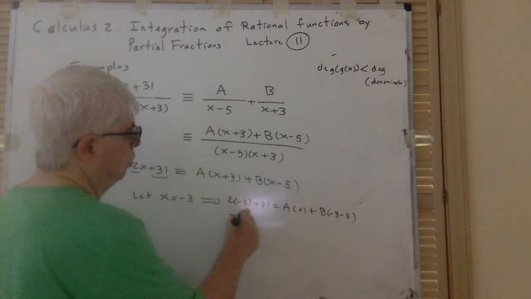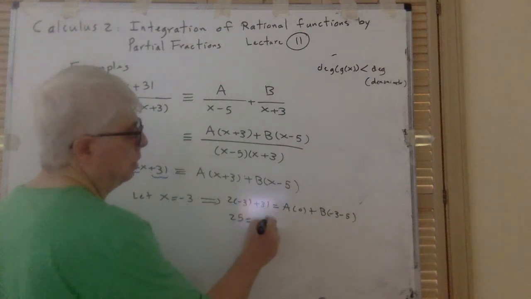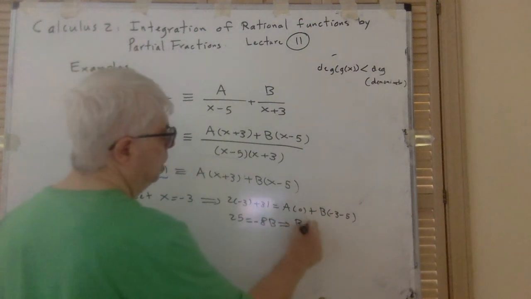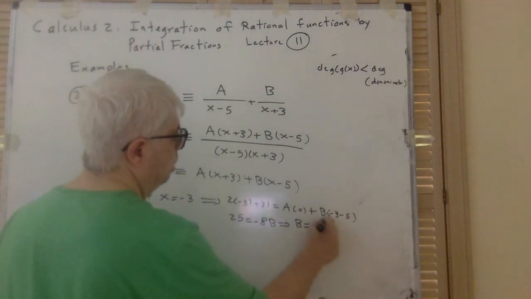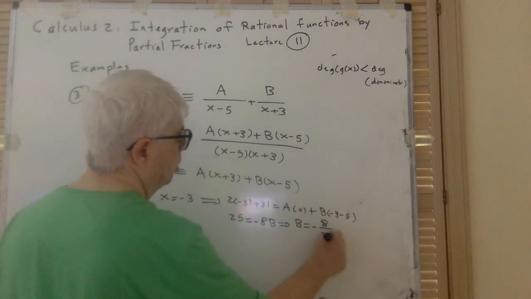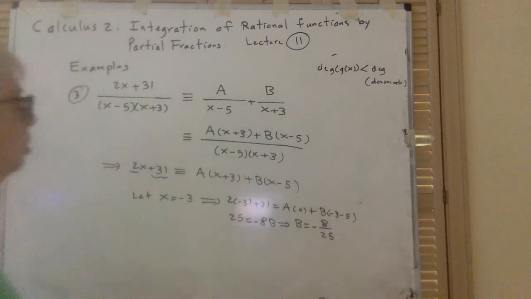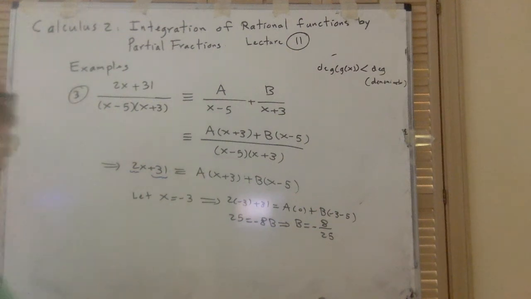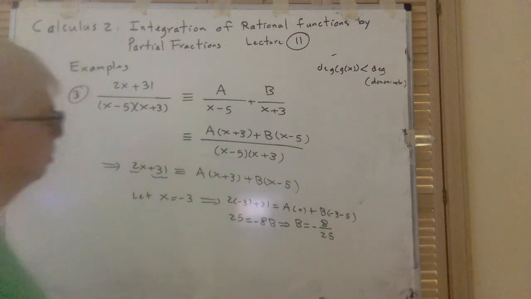So I have 25 here, and on this side I have negative 8b. So this gives me b is negative 8 over 25. Let me double check. So x equals negative 3 will give me negative 8 over there, and on this side, negative 6 plus 31, that's 25.